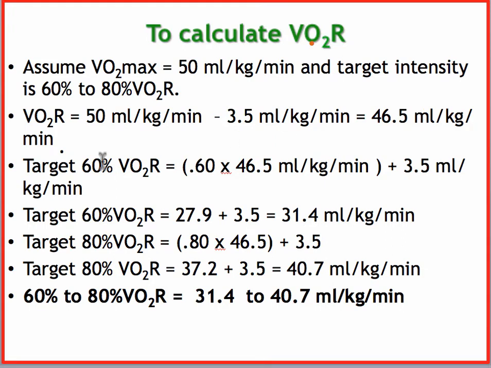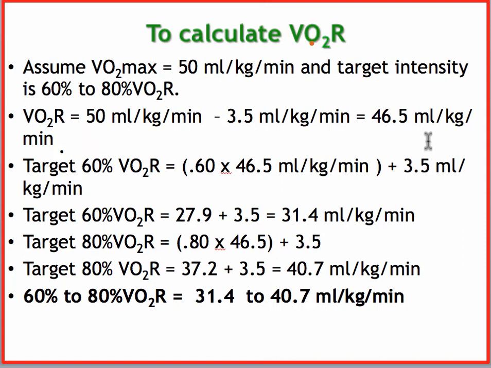And then if your target is 60% of the VO2 reserve, you take the VO2 reserve and multiply it by 0.6, and that will give you 60% of the VO2 reserve. Then to get gross VO2, you add back 3.5 mils per kilogram per minute.